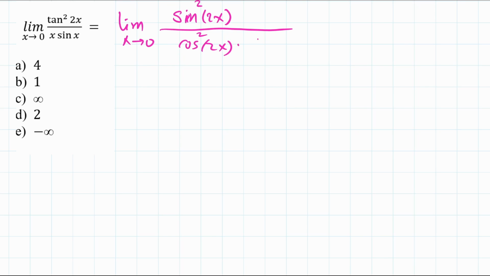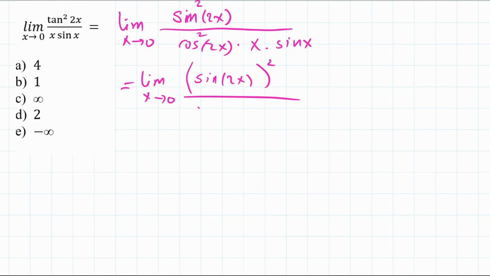Now we also have an x here and a sine x, so this is going to be the limit as x goes to 0, and I'm going to expand sine 2x because this is just sine 2x squared divided by cosine squared 2x times x times sine x.